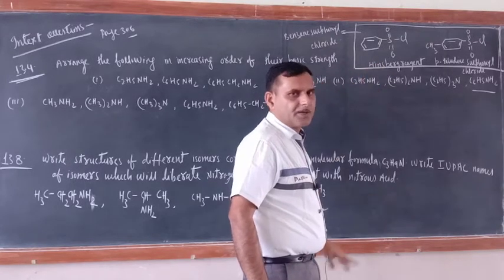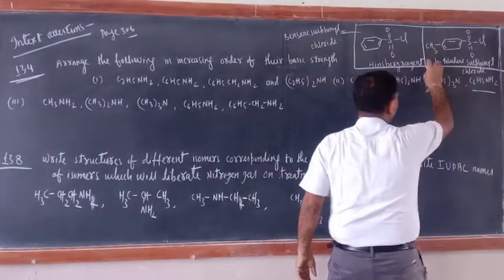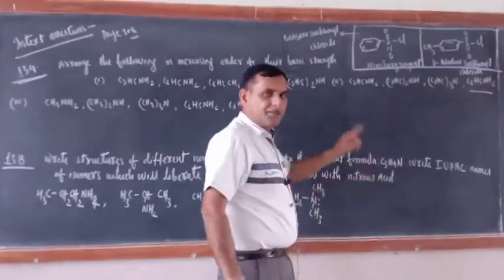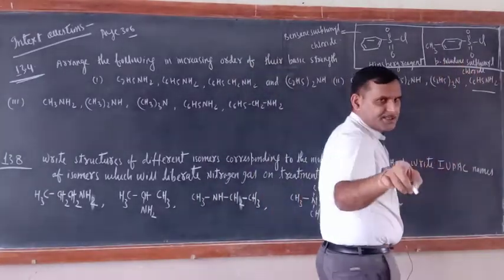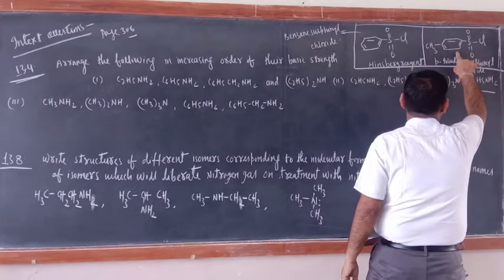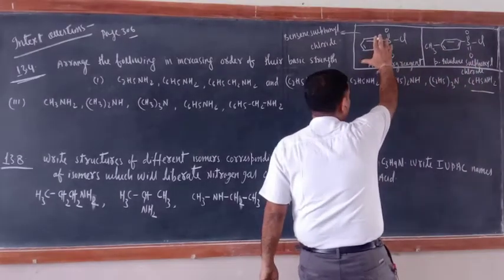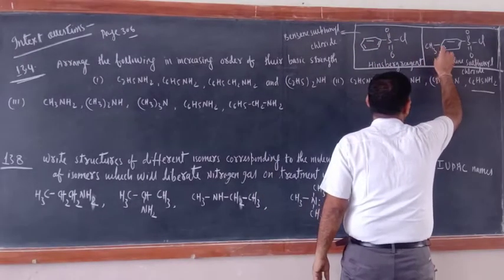What I want to convey to you is that nowadays benzene sulfonyl chloride is not used. In place of this one, this compound is used, as mentioned in the NCERT book: para-toluene sulfonyl chloride. Almost everything is the same, only at the para position you have to add a CH3 group.